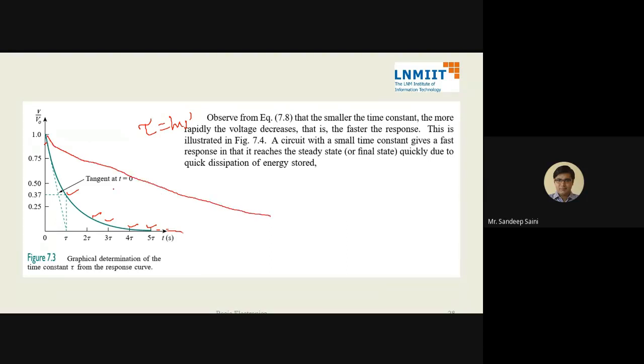If the value of tau is less, it will decay much faster. And tau is equal to RC. If you make this factor high, your decay time will be slower. It will take more time. If it is a low value, it will immediately discharge.